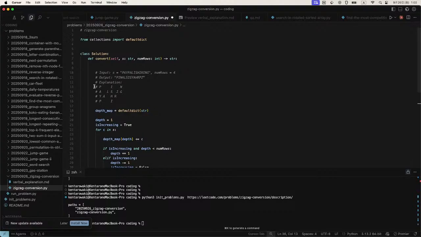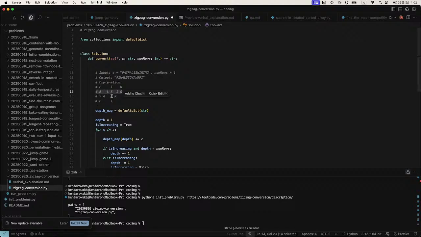So for each depth, the characters are appended to the proper place in the hash map, and the order of characters is correct because we just read from left to right.